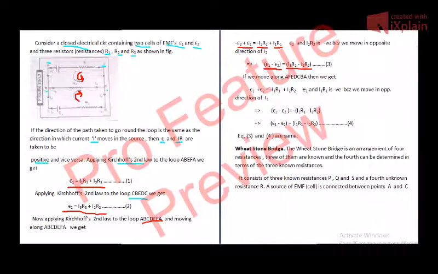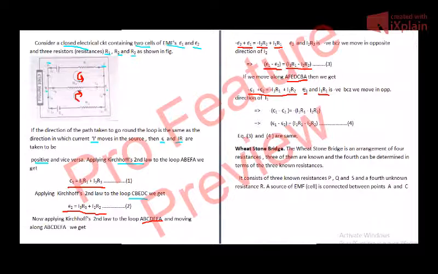If we move along A, F, E, D, C, B, A, then we get minus E1 plus E2 is equal to minus I1 R1 plus I2 R2. Here E1 and I1 R1 are negative because we move in the opposite direction of I1.